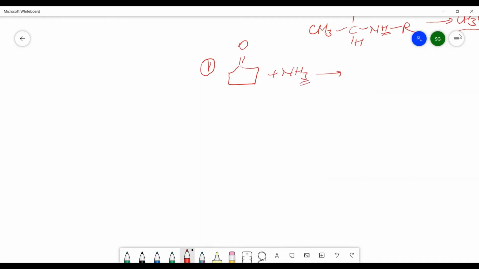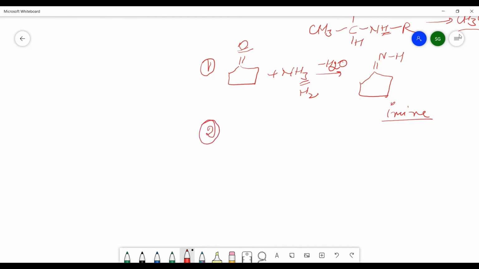It means the hydrogen, H2 molecule, will be taken from here and oxygen will be taken from there, and we will get minus H2O, and the product formed will be double bond NH, and this is called imine. It means when aldehyde and ketone react with ammonia, the product formed will be imine. This is the imine of cyclohexanone.